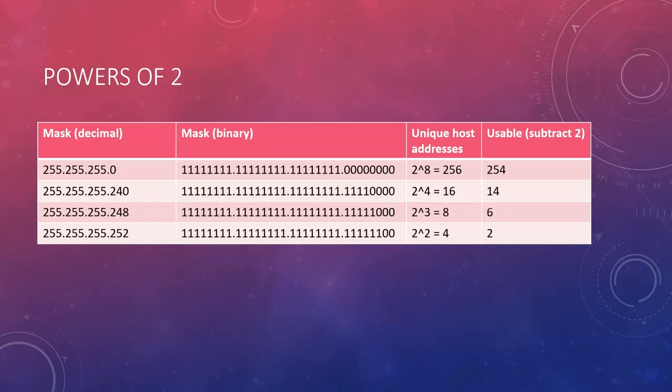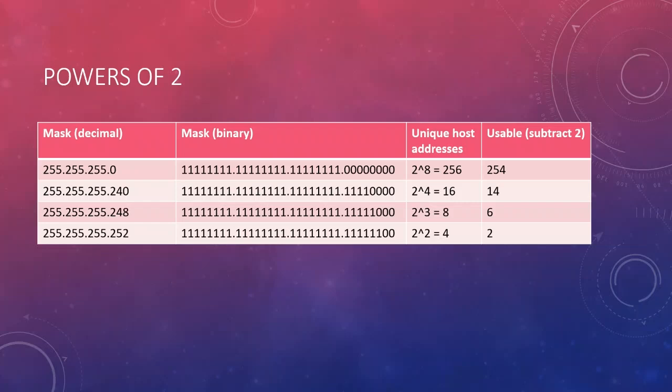So if they give you a subnet mask of 240 as the last decimal quartet, that means there are 4 bits left for the host. You can store 16 unique values there, but you're only going to be able to use 14 of them. Again, you always have to subtract 2 wherever you draw the subnet.